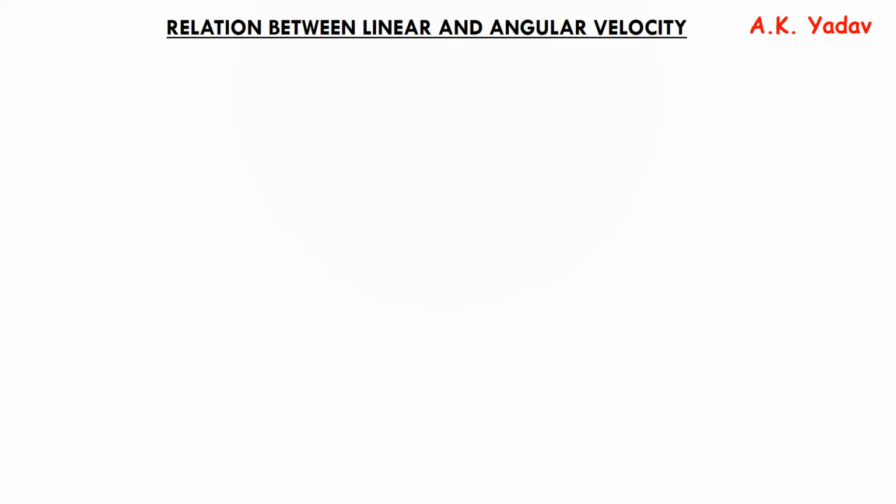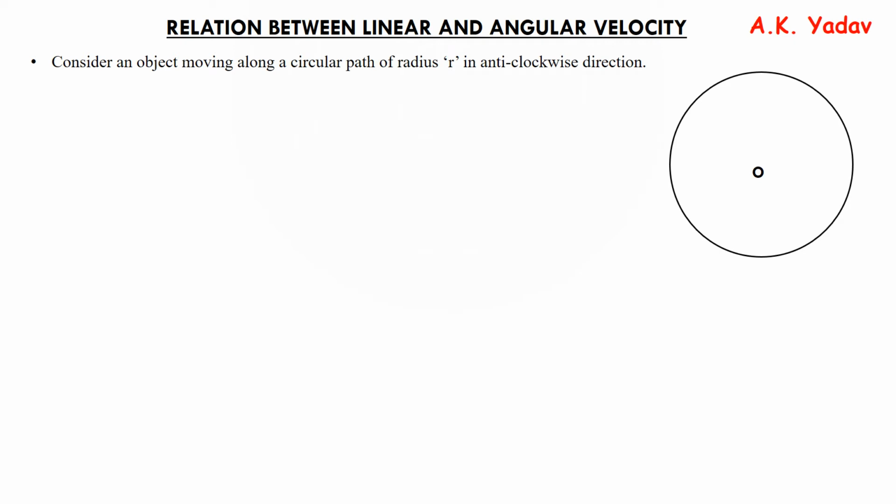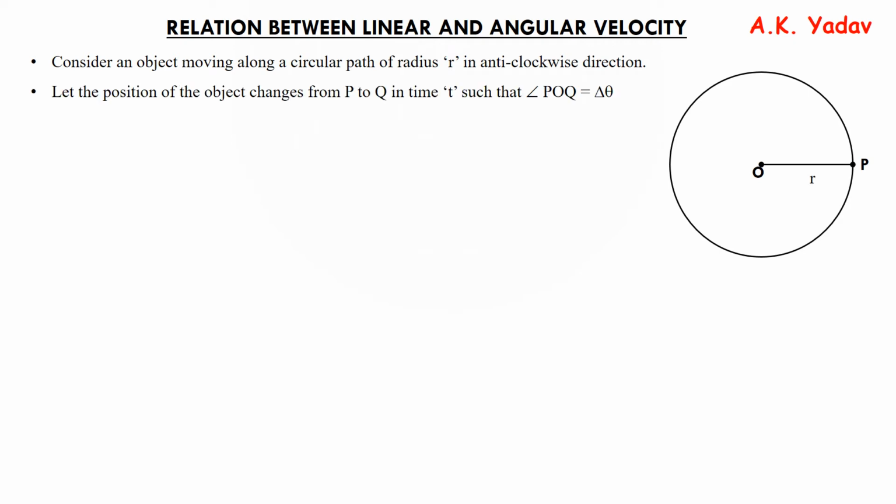The relation between linear and angular velocity. So we have considered an object moving along a circular path of radius r in anti-clockwise direction from P to Q. The angle is Δθ. It is moving with a linear velocity v which changes direction at every point, that is, it is tangential.